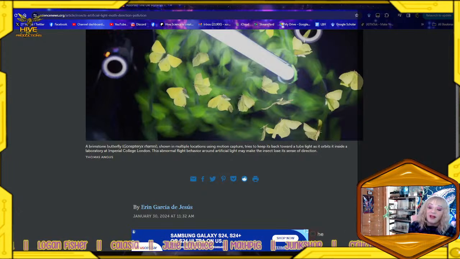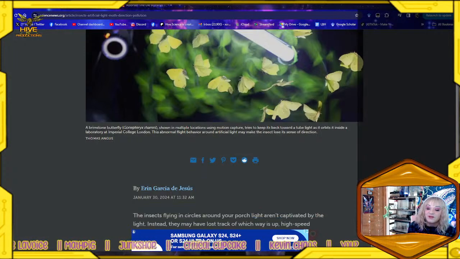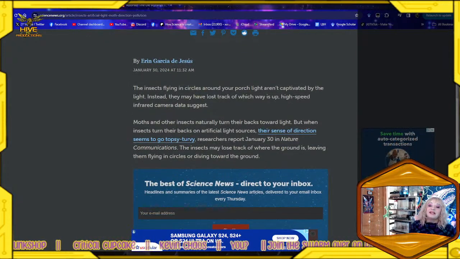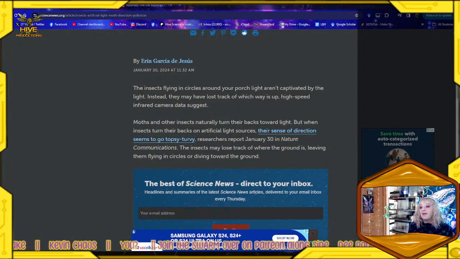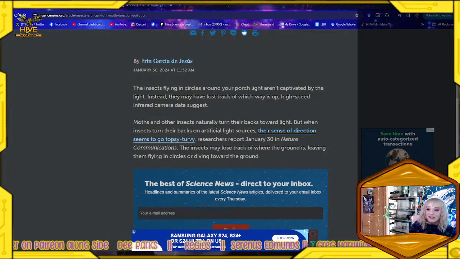This abnormal flight behavior around artificial light may make the insects lose their sense of direction. The insects flying in circles around your porch lights aren't captivated by the light. Instead, they may have lost track of which way is up, high-speed infrared camera data suggest.